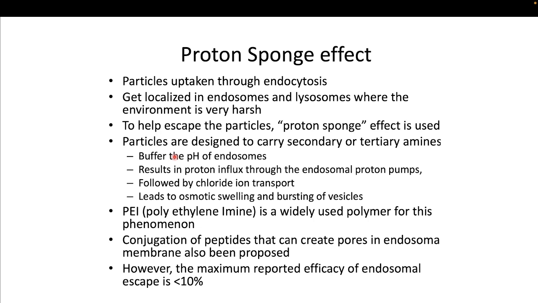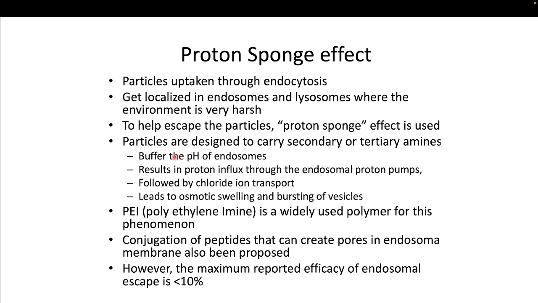If that happens, then the cell thinks that something is going wrong and it has to maintain the pH of the endosome. In that process, it will pump most of the H plus ions from the cytoplasm to the endosomal compartment. Because a lot of H plus is getting pumped into the endosome, it creates an imbalance.